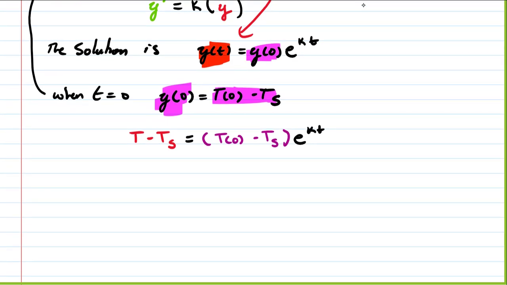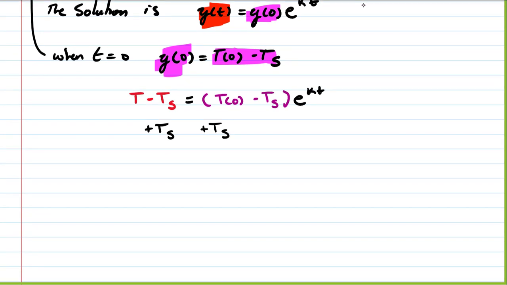So then if we solve that for T by doing this, we get that T is equal to T sub s plus T of 0 minus T sub s times e to the kt.